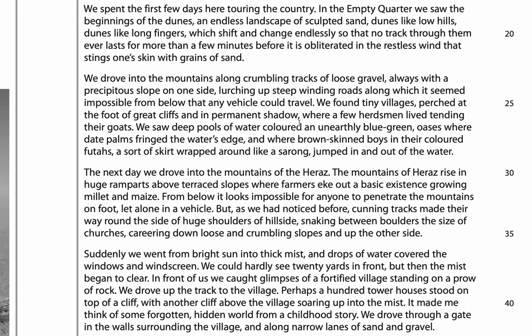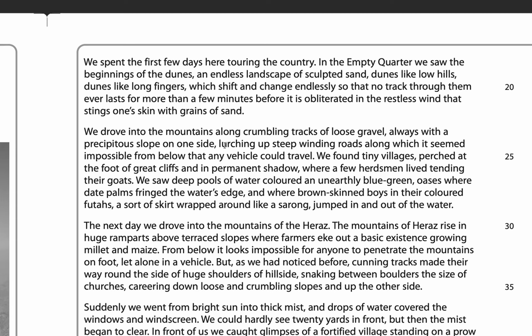And then what else? It said over here, lurches. Lurching up steep, winding roads. What does the word lurching mean? Lurching means like those ghosts, just lingering around. The lingering is not a good thing. It's an unsettling type of lingering.